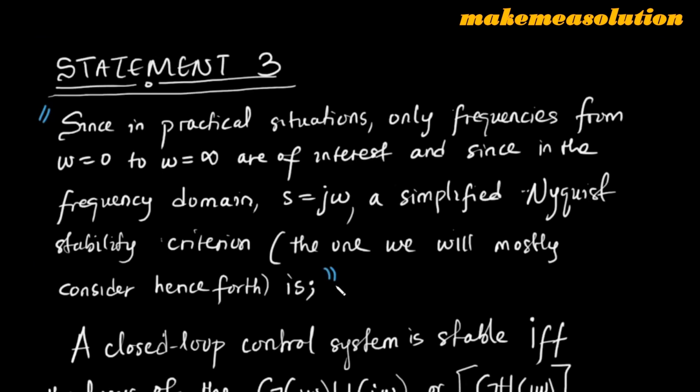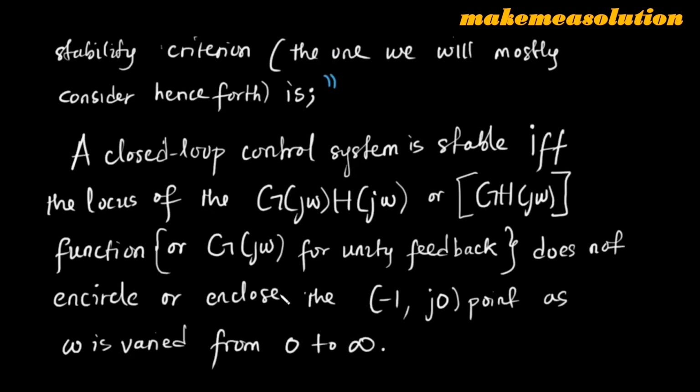Since in practical situations only frequencies from 0 to infinity are of interest, and since in the frequency domain S is equal to j omega, a simplified stability criterion, which is the one that we'll mostly consider henceforth, is this: a closed loop control system is stable if and only if the locus of this function over here, G of j omega, H of j omega, or GH of j omega in a shorthand form.